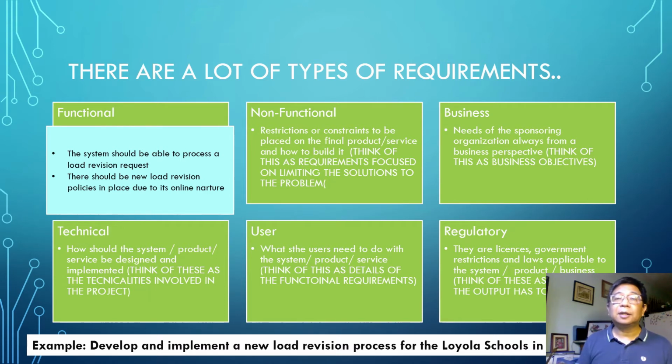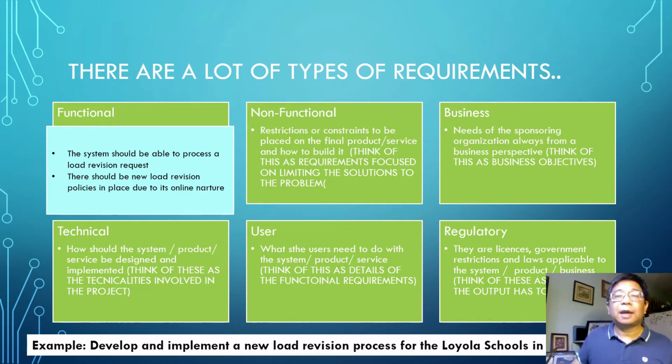So these are the restrictions or constraints to be placed on the final product or service and how to build it. Think of these as requirements focused on limiting the potential solutions to the problem. So what are some of the constraints that you can put into this project so that you're able to identify a more limited set of potential solutions?